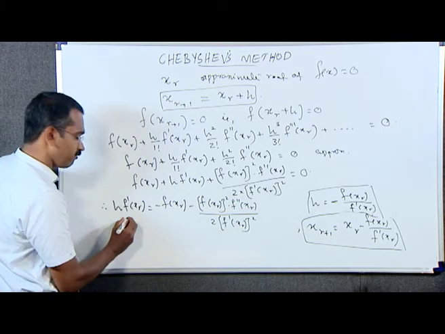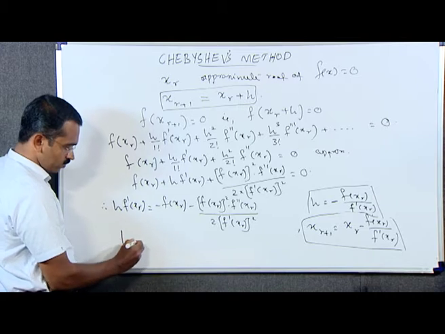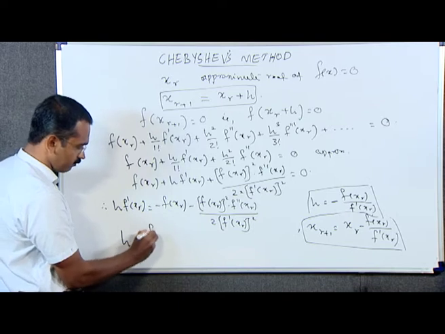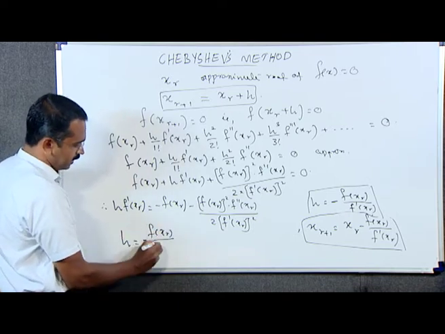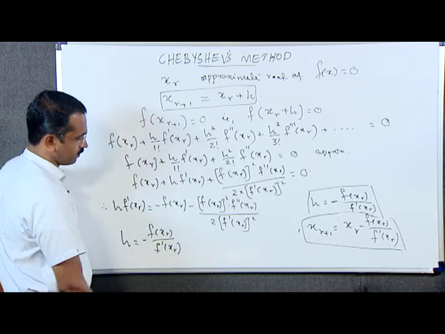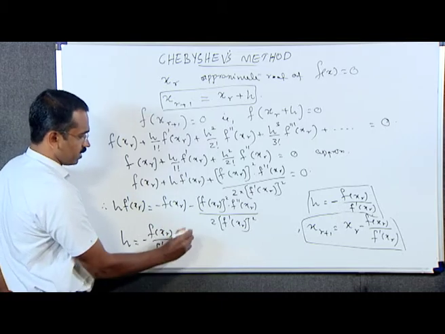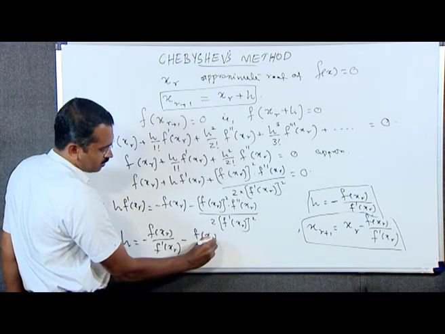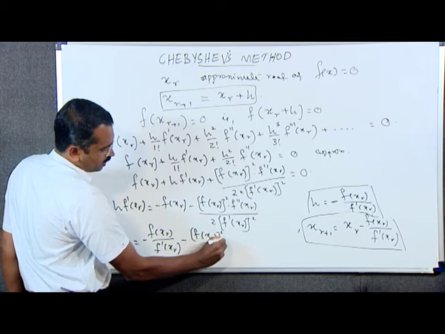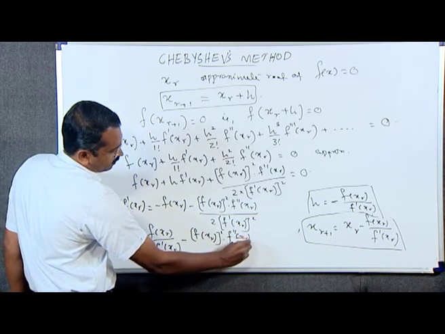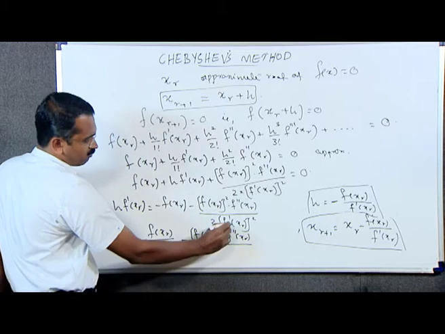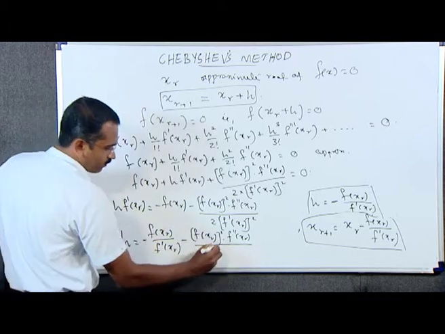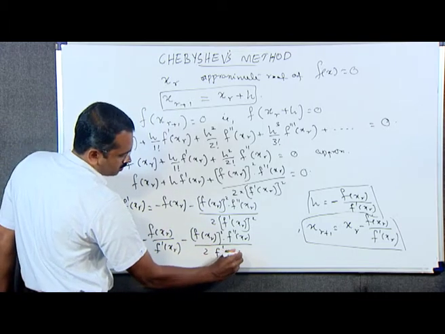That is f(h) = 0. From this we can write h = -f(xr) / f'(xr) - (f(xr)^2 × f''(xr)) / (2 × f'(xr)^2 × f'(xr)), that means f'(xr) cube.